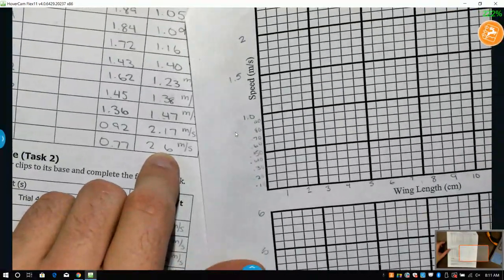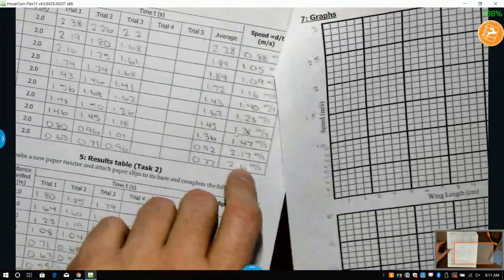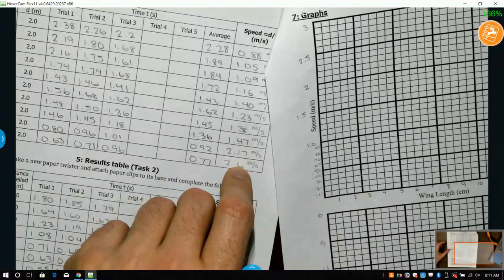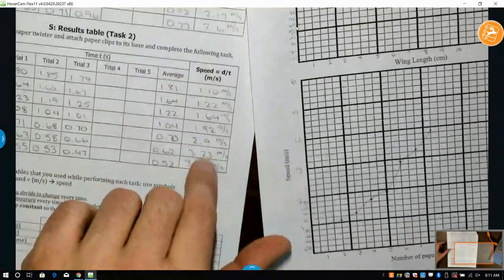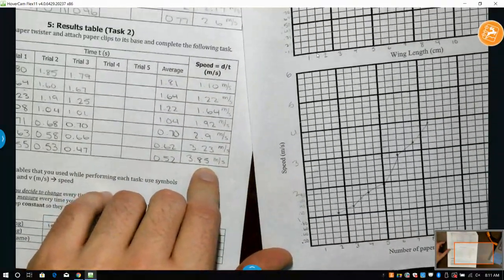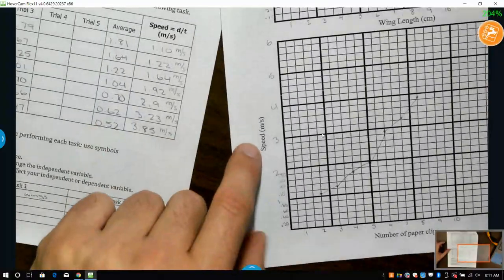If you calculated a speed of over 3 meters per second on your first data table, you may need to change it up a bit, maybe go to 0.2s. Right here they got above a 3, so if I used that same scale, a data point of 2 wouldn't fit. So I changed that.